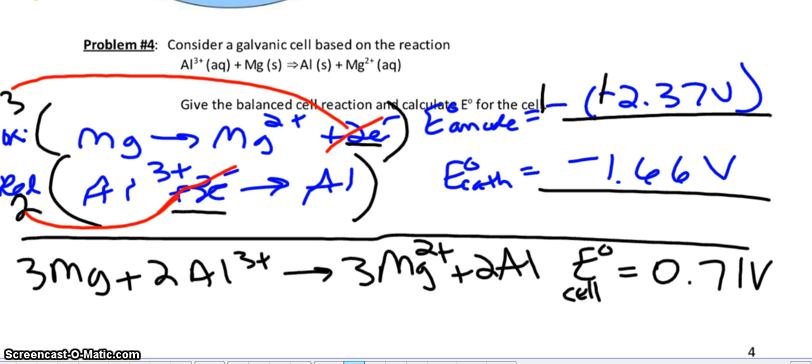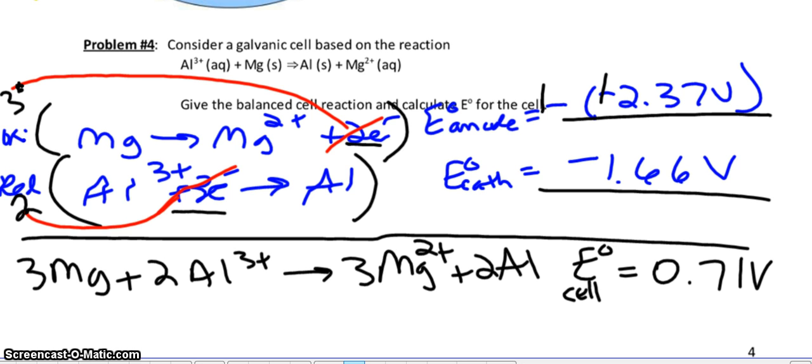Even though I had to multiply the 3 here and the 2 here, you do not do that when you solve for the electrical potential. You do not change the volt numbers. It's whatever's on the chart, that's the number you're going to use. Do not multiply. Why am I repeating myself? Because students will want to do that. Please don't.